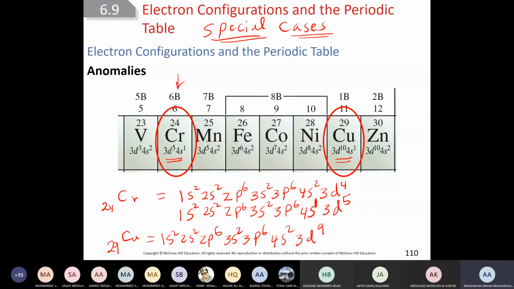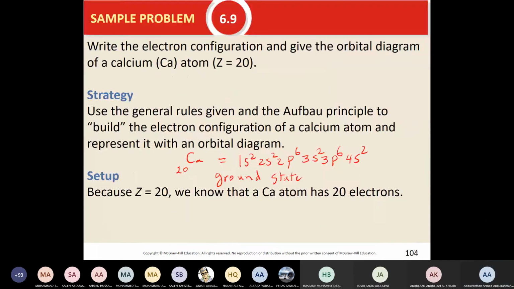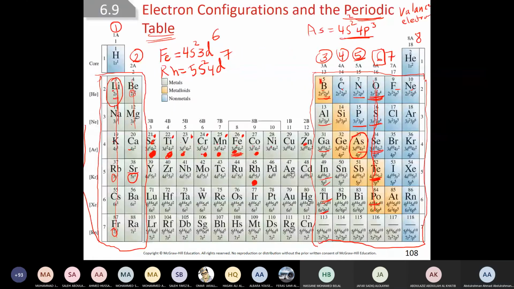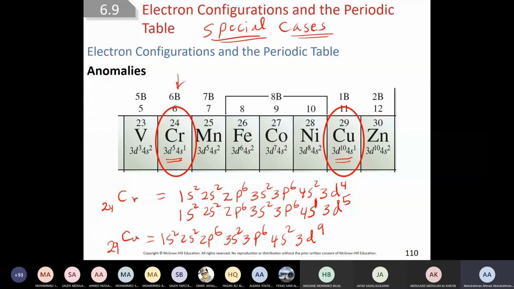If we draw it using the structure, it should be like this. But it's a special case. What is it?